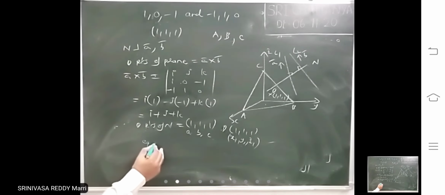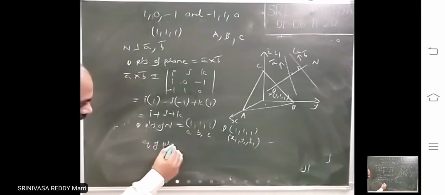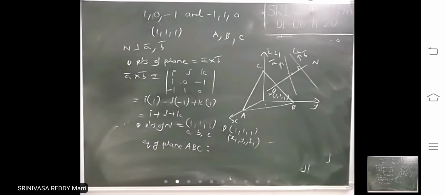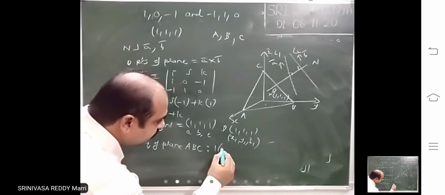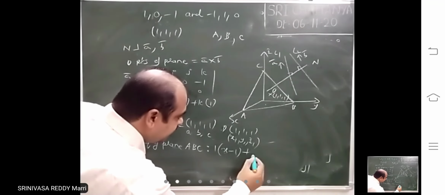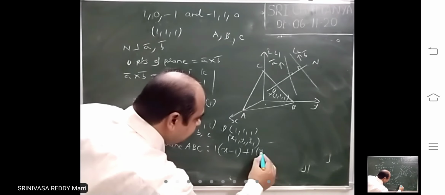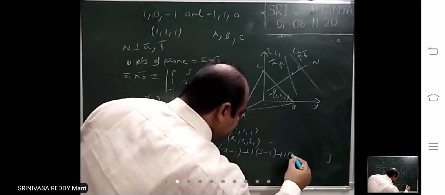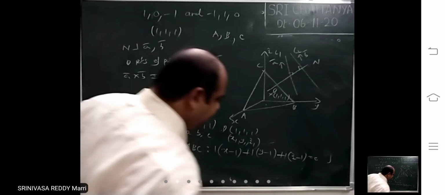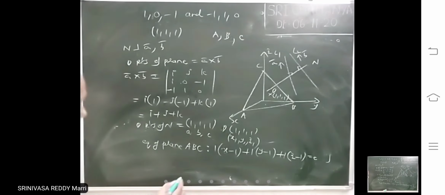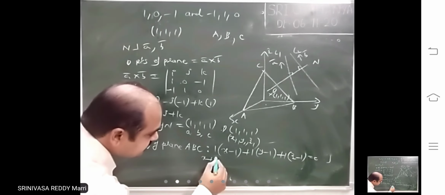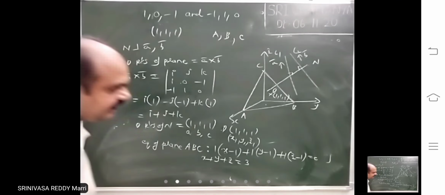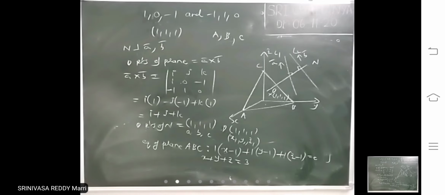So the equation of the plane is A into (x minus 1) plus B into (y minus 1) plus C into (z minus 1) equal to 0. So this is x plus y plus z equal to 3.